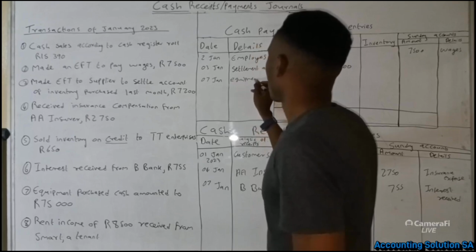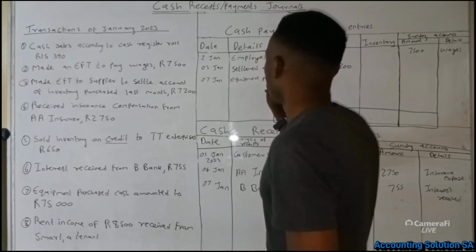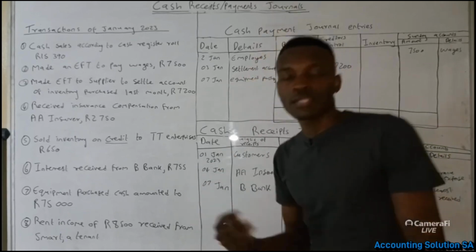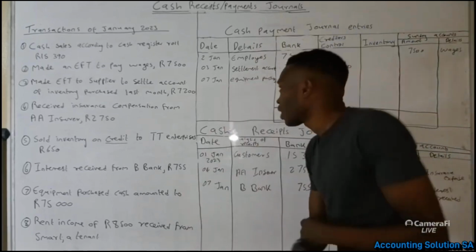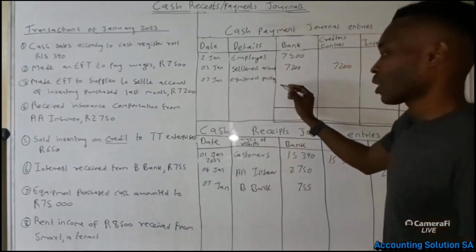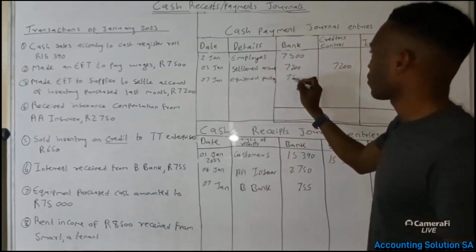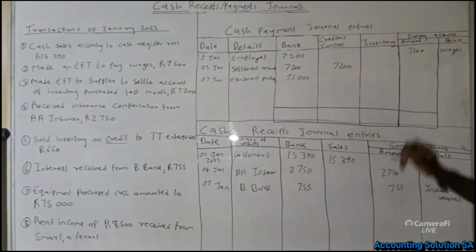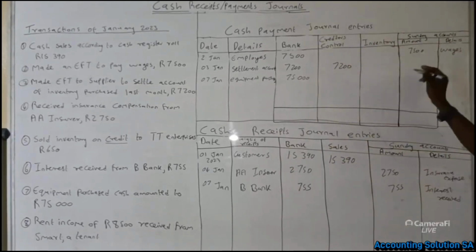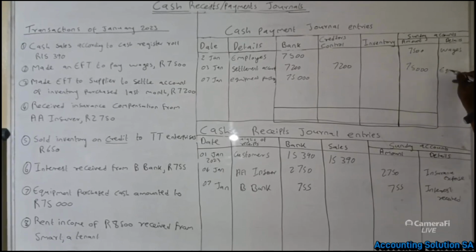But if we have the name of the company that we purchased equipment from, we are going to write the name of the company here. Okay, and the amount is 75,000. Okay, because we don't have a column for equipment here, we're going to go to sundry account and say 75,000 and say equipment.